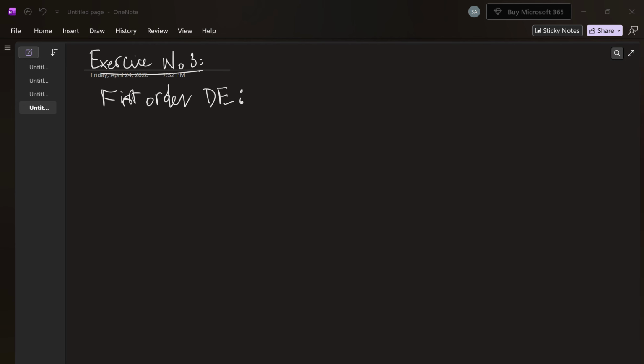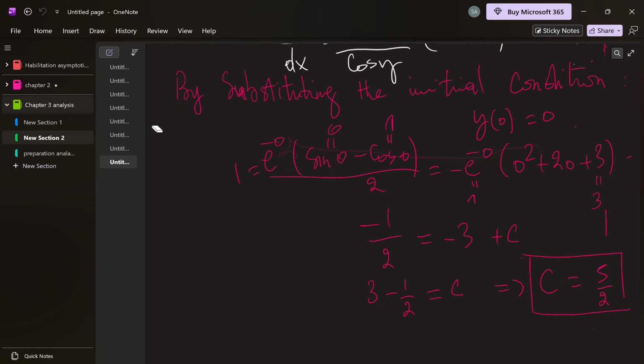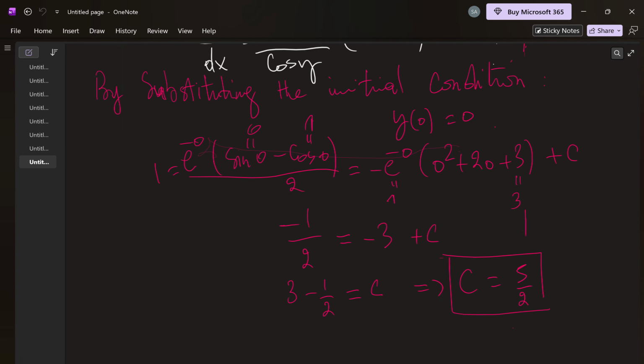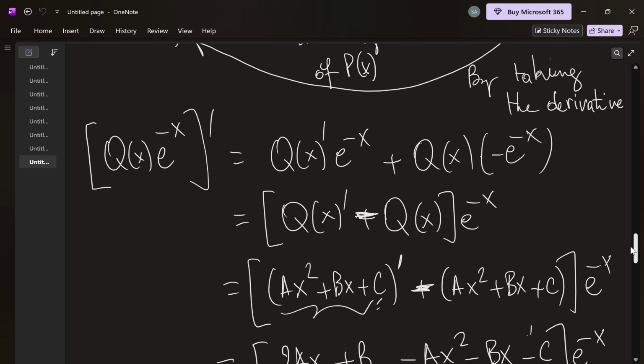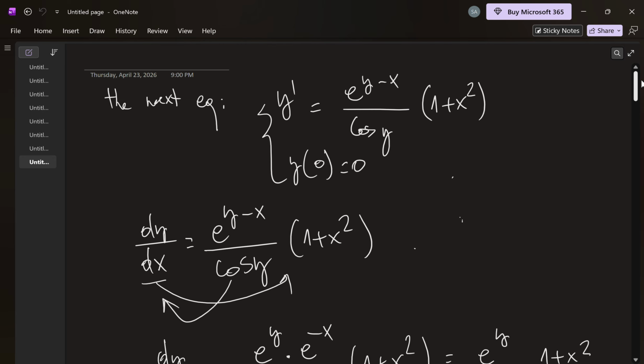Now you can download it and follow with me the exercise number 1. So last time we arrived to the solution of the equation y prime is equal to exponential y minus x over cos y multiplied by 1 plus x squared, which is the third case of exercise number 3.